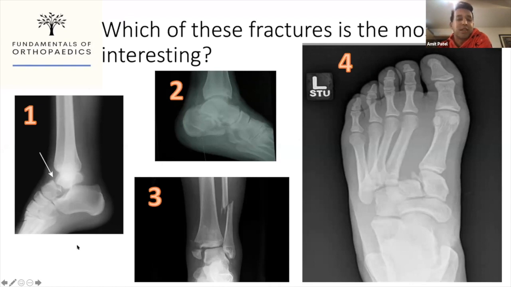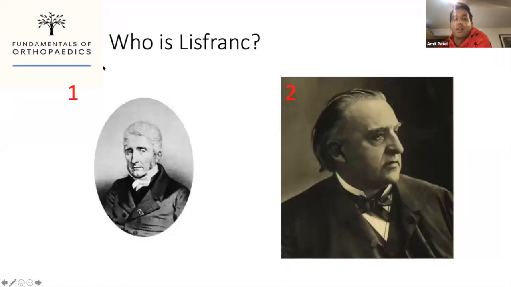Yes, well done, guys. So we're going to talk about Lisfranc fractures, and they are quite interesting. And who is Lisfranc? Which of these guys was a Lisfranc? He was a French surgeon who was also a gynecologist. And I'm sure his name has come up in lots of different other orthopedic pathologies and anatomy.